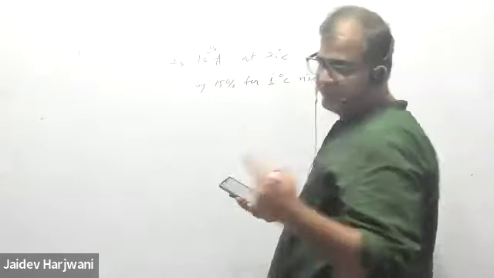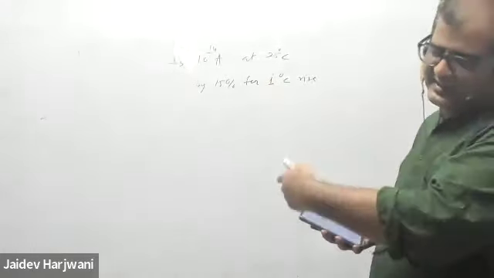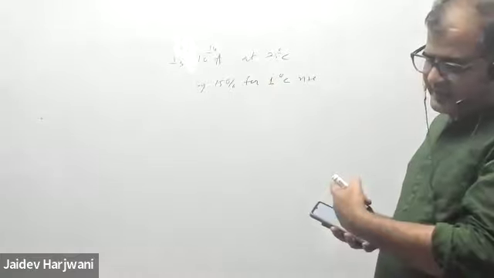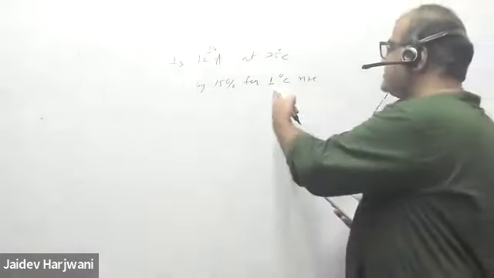I told you for a 10 degrees centigrade rise, it doubles. That's the general case. But now this says that current increases by 15% for each 1 degree centigrade.